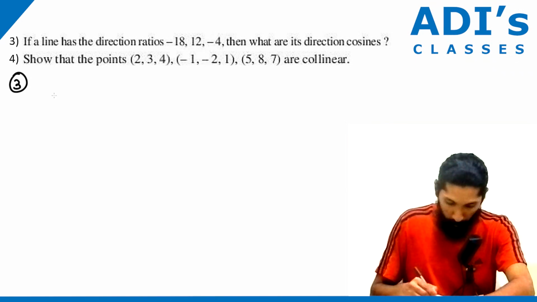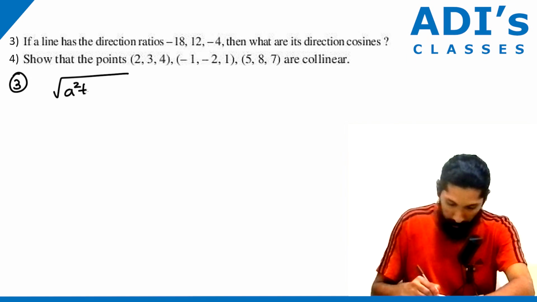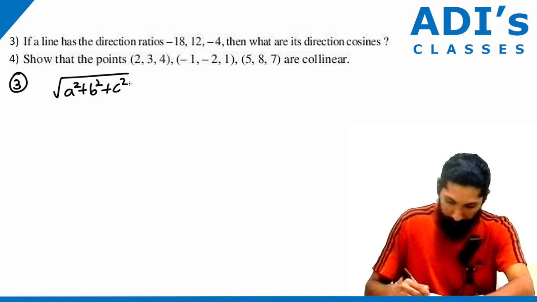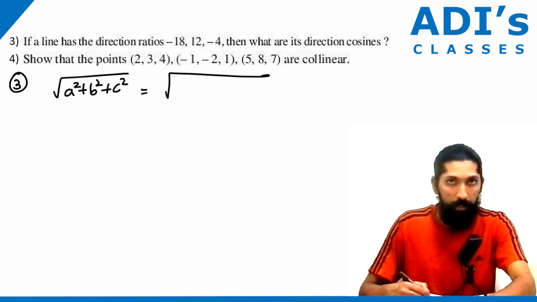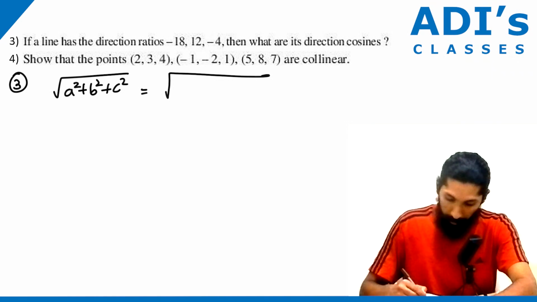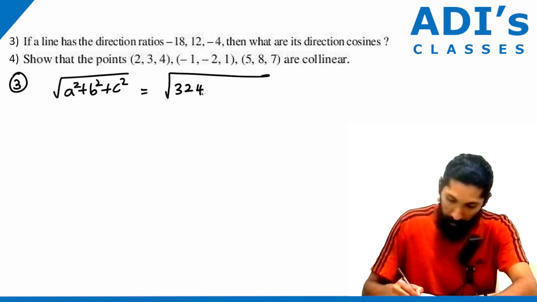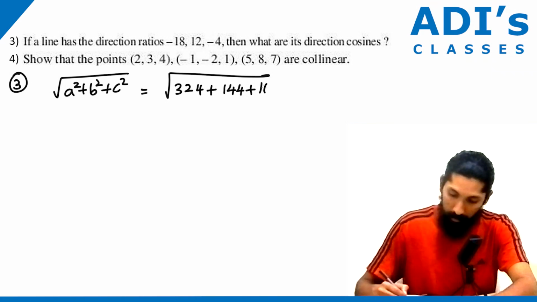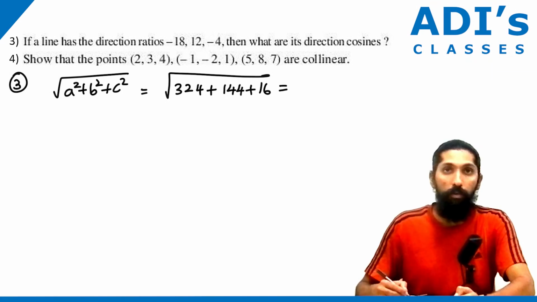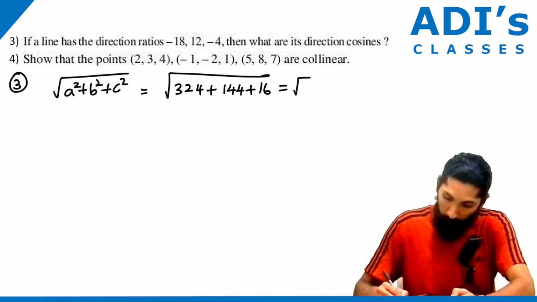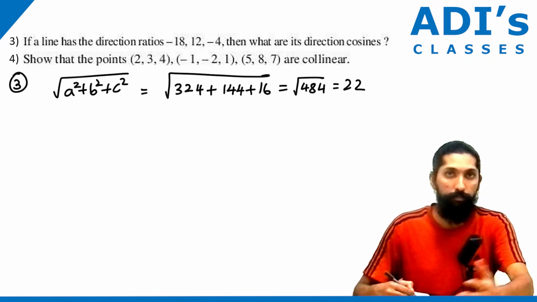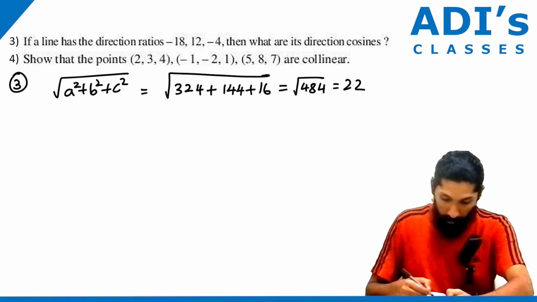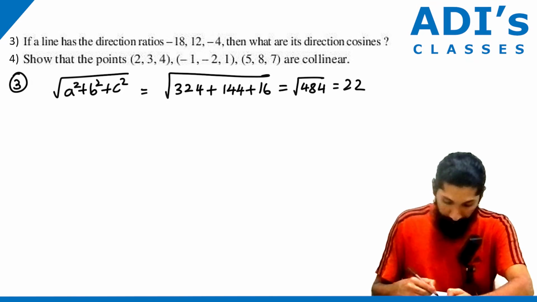So we'll have root of, guys, 18 square or minus 18 square is the same, 324 plus 144 plus 16, which gives us root of 484. Root of 484 is what? 22. Correct? Now comes the value of l, m and n.